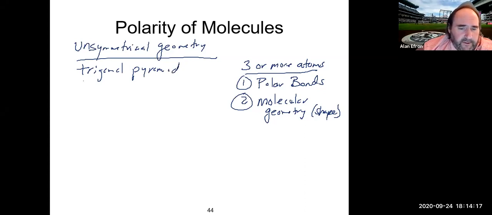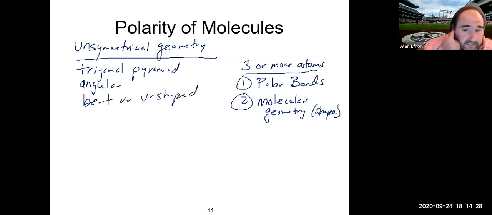You've got your angular, your bent or V-shaped. You have some of those other ones that we saw in the expanded octet, your square pyramid, seesaw. There we go. So these are some of the ones that are going to be unsymmetrical.